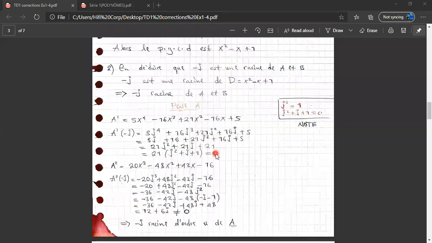It will be long, and at a certain point you may want to take it back again to j squared, because your main aim is to have this identity again. You want to have this identity of j squared plus j plus 1, which will simplify your work, right? That's why I did not break the j squared earlier, because my main aim is to come up with this identity.